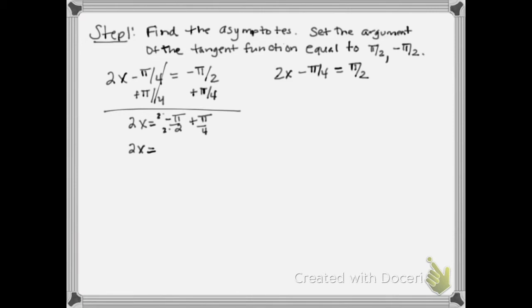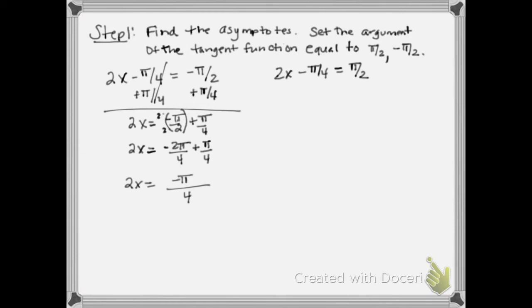That gives me negative 2 pi over 4. Negative 2 times pi is negative 2 pi, and 2 times 2 is 4. Plus pi over 4. Now I have the same denominator, so negative 2 pi plus pi is negative pi.